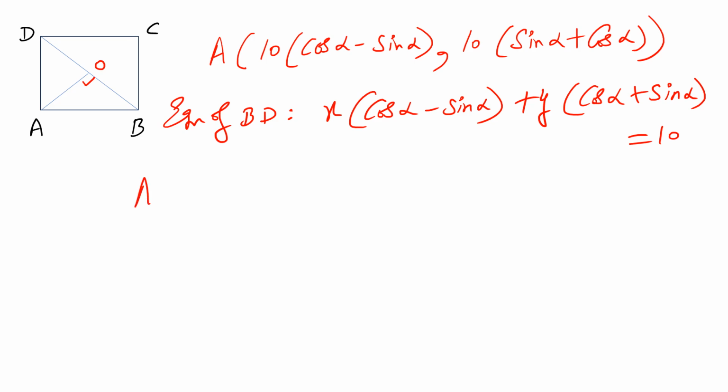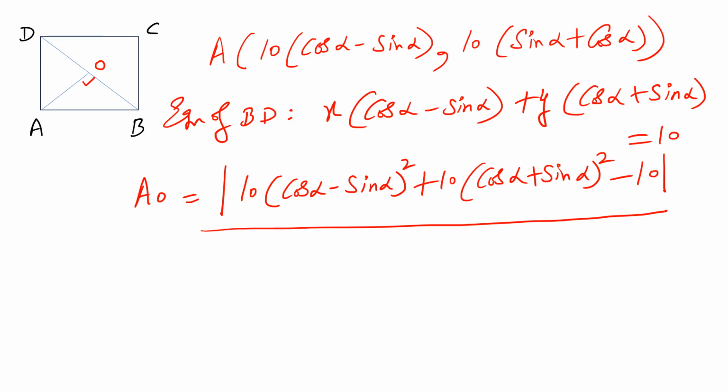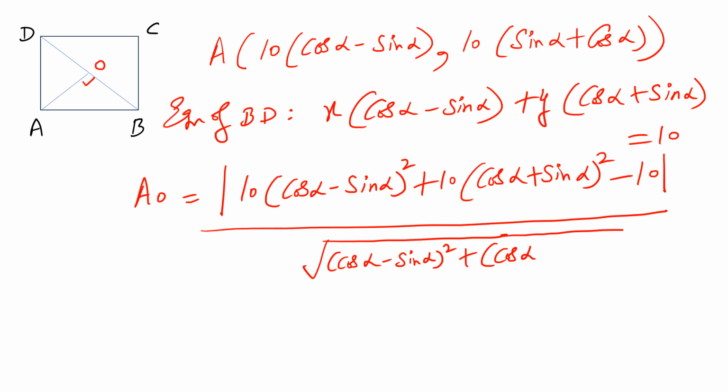So from here you will get the length of AO as mod of 10 times cos alpha minus sin alpha whole square plus 10 times cos alpha plus sin alpha whole square minus 10 whole divided upon square root of cos alpha minus sin alpha whole square plus cos alpha plus sin alpha whole square. Clear? Now students, just simplify it.